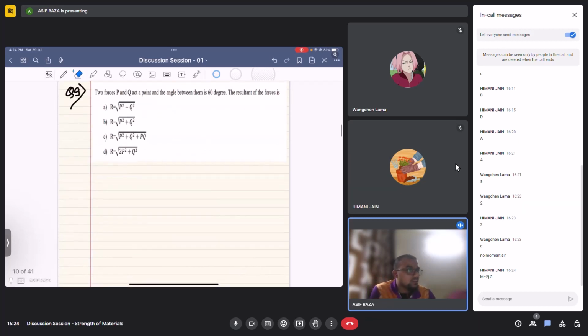Okay, the next one is a very easy question. Let's see. Two forces P and Q act at a point and the angle between them is 60 degrees. What is the resultant of the forces? Wangchen has said option B. What about Himani?